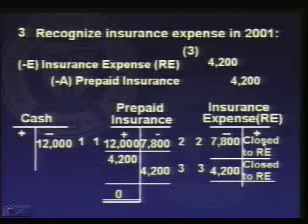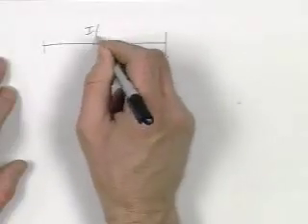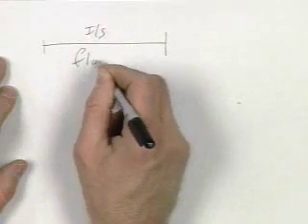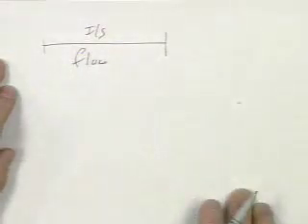One of the things we talked about last time, if you come off the screen for a second, please, was the difference between the income statement and the balance sheet. And the way this thing works is the income statement is a flow across time.